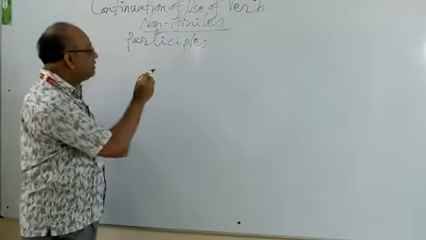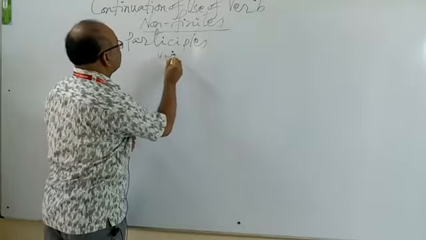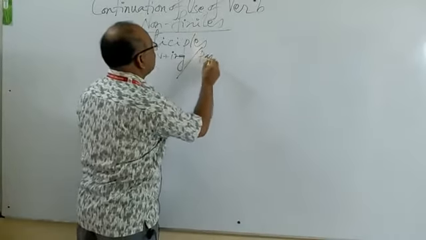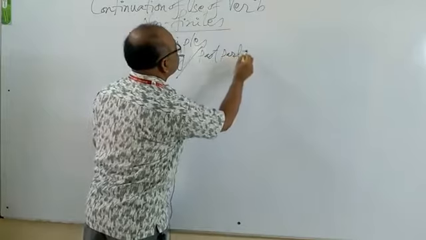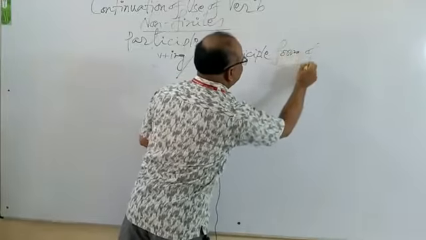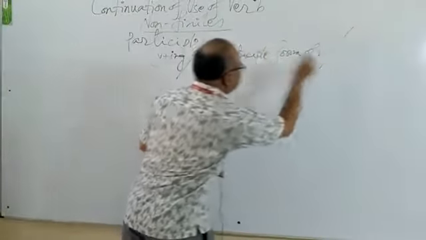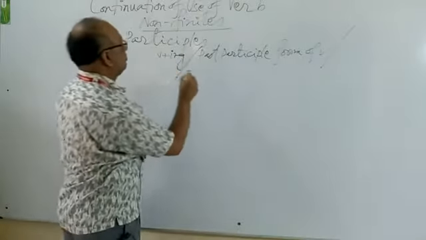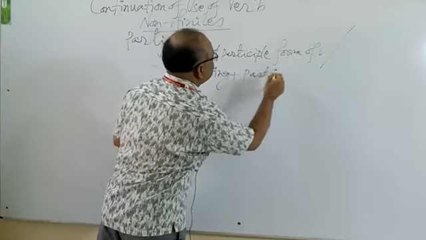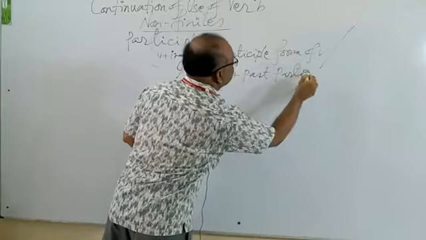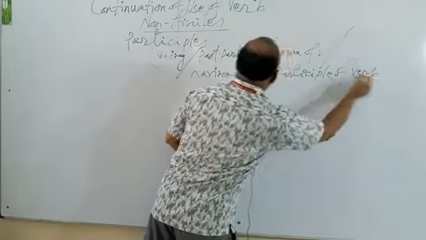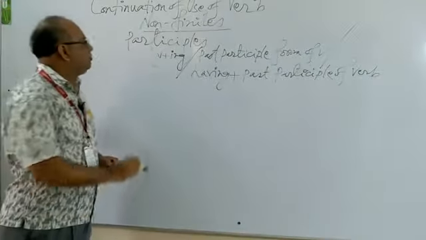For forms, it needs verb plus ing, or past participle form of verb, or having plus past participle form of verb. These are the forms for participles.